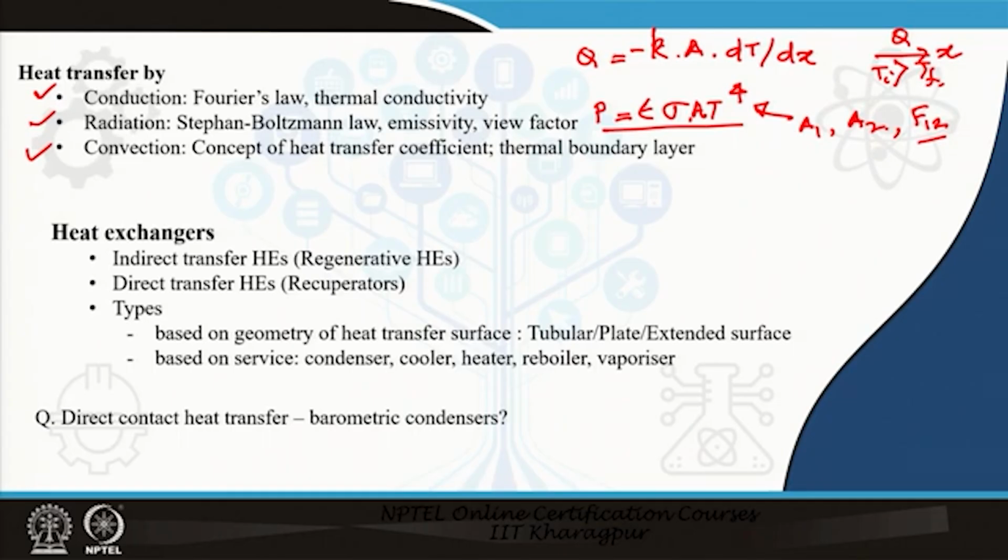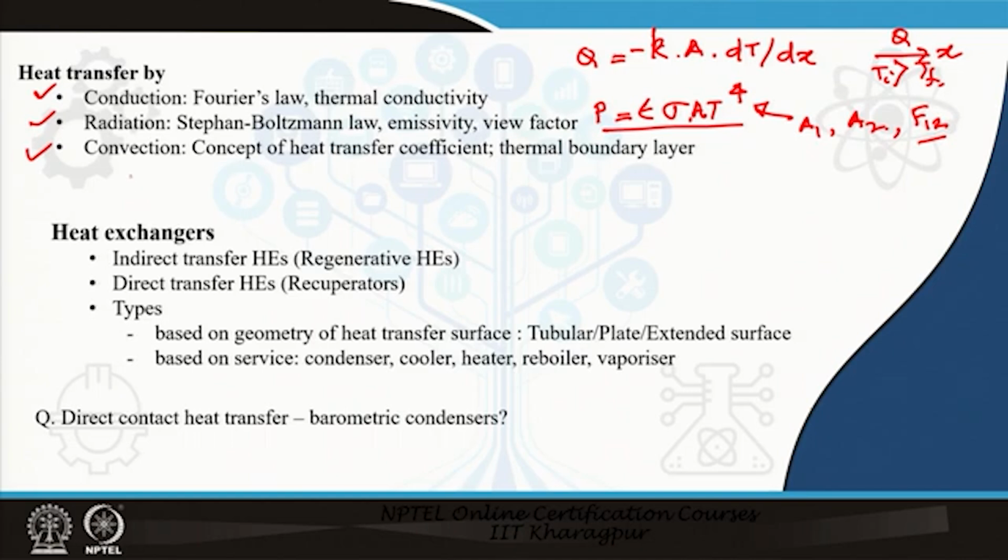Now, what we have is convection. We look at convection and we need to recapitulate the concept of heat transfer coefficient and thermal boundary layer also. We know that in case of convection, what happens is basically that there is bodily movement of the fluids.